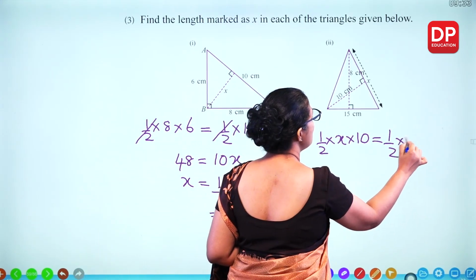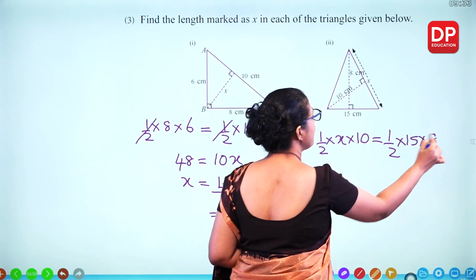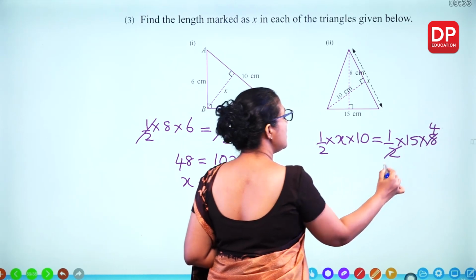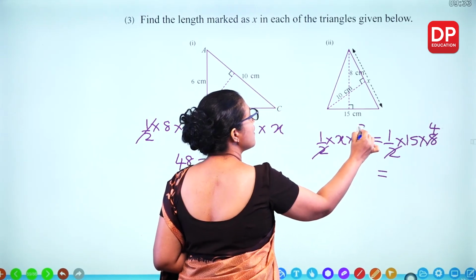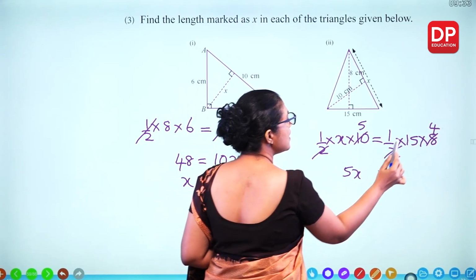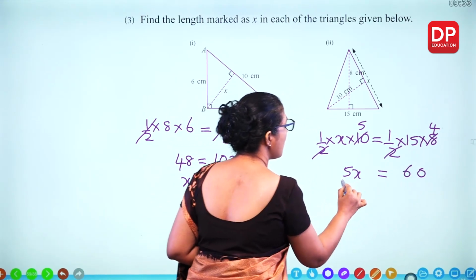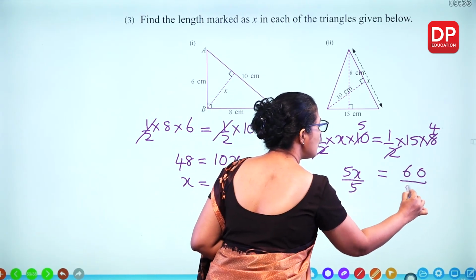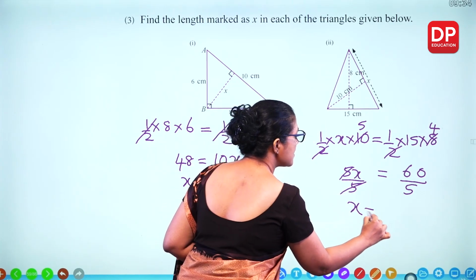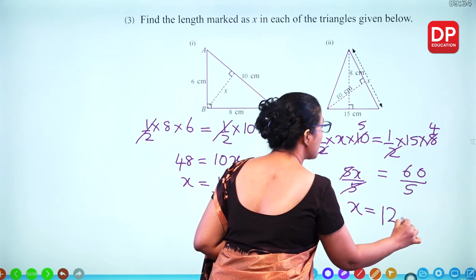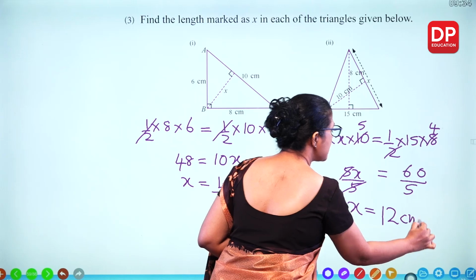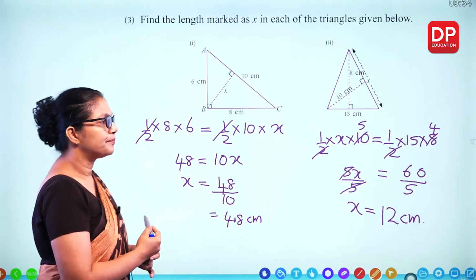Half times 15 times 8. 2 times 4 here, 2 times 5. So 5x equals 4 times 5, 20 and 60 here. Divide this by 5, you get x value. X is 12. 12 centimeters for x.